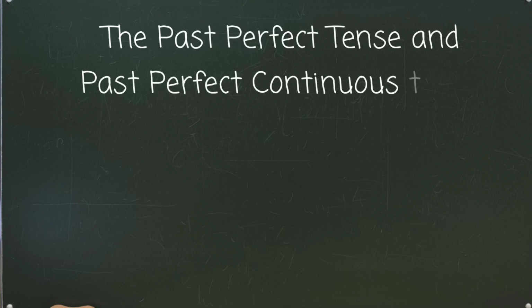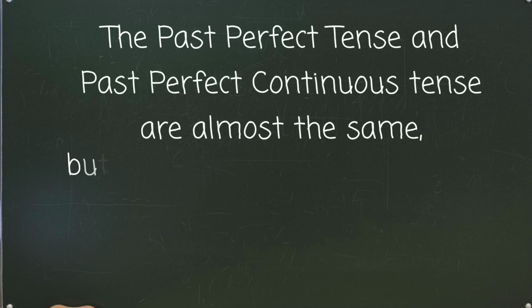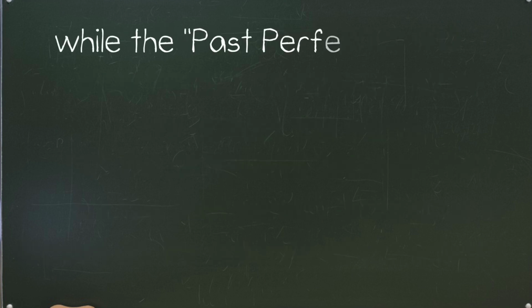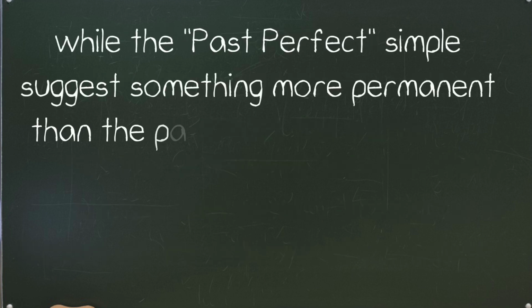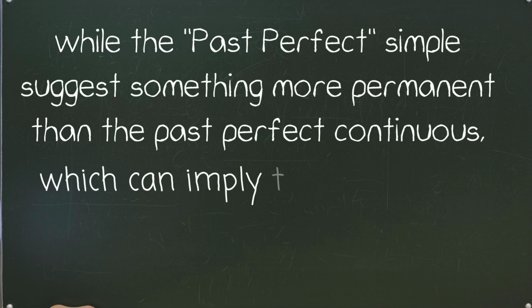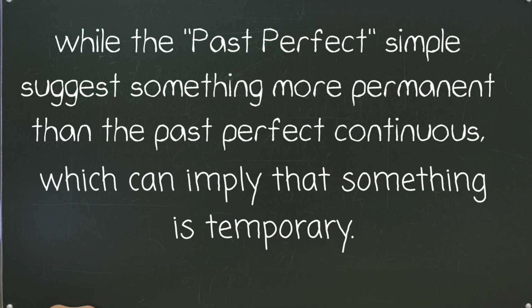The past perfect tense and past perfect continuous tense are almost the same, but the past perfect continuous focuses on the duration of the activity, while the past perfect simple suggests something more permanent than the past perfect continuous, which can imply that something is temporary.